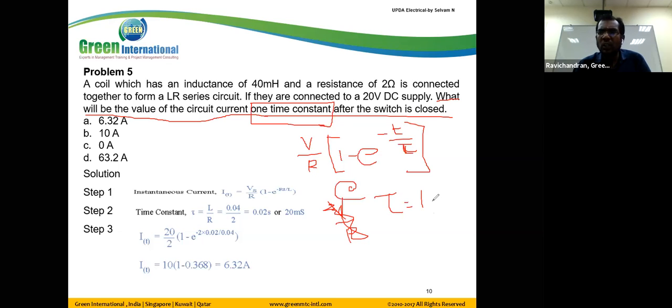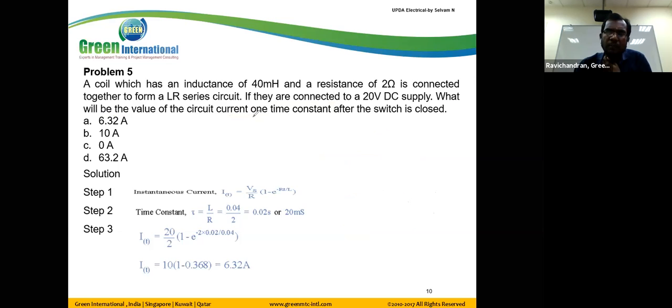But tau is equal to one time constant, what is the value they ask? Tau is equal to L by R, which is equal to 40 milli divided by 2. First step, we need to find this value.